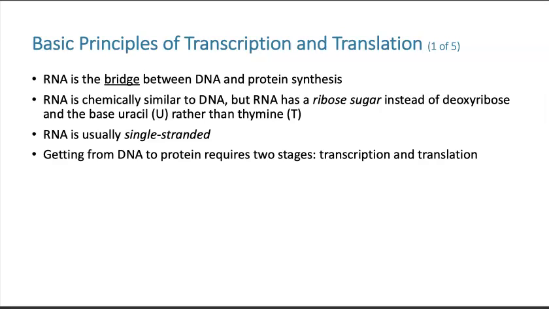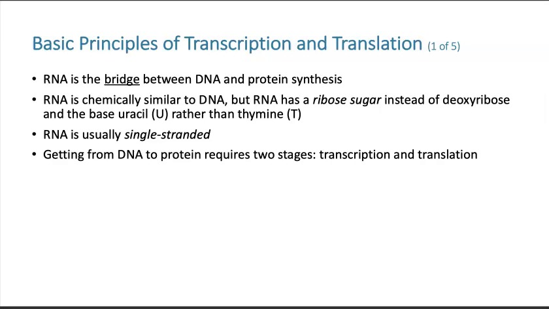And then, of course, RNA has the base uracil or U, whereas in DNA they have the base thymine or T. So DNA has A's, T's, C's, and G's. And RNA has A's, U's, C's, and G's. Another major difference between DNA and RNA is that RNA is single-stranded, generally speaking. Not always. There are some exceptions, but they don't last very long.